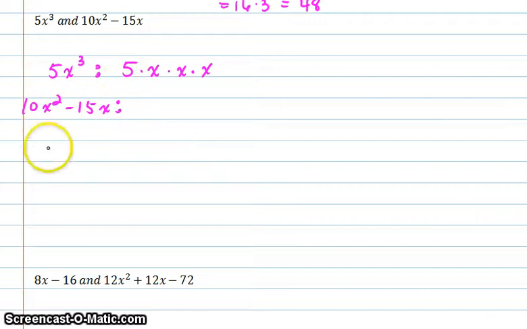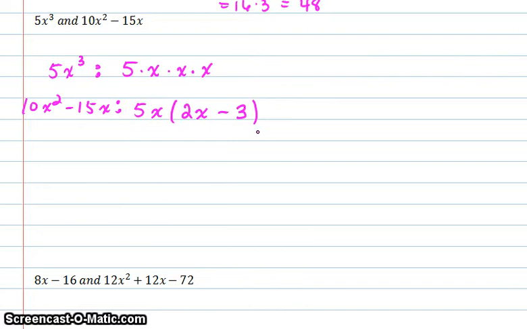So I'm pulling out a monomial here, 5 and x. And then left over on the inside, I have 2x, because 5x times 2x gives me 10x squared. And then I'm going to subtract 3, just 3, because negative 3 times 5 gives me negative 15.